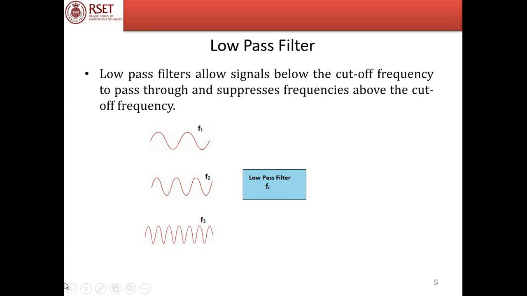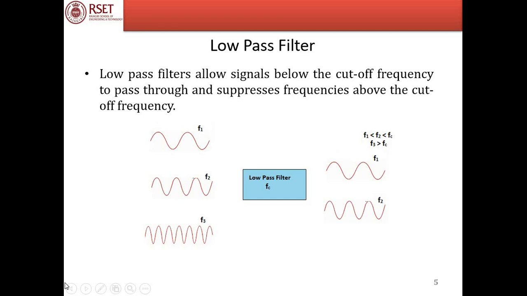Let the relationship between these three frequencies be F1 less than F2 less than the cutoff frequency Fc and F3 greater than the cutoff frequency Fc. Now from the definition of low pass filter, we know that a low pass filter allows signals with frequencies lesser than Fc to pass through, which means in this case, in the given example, only the signals with frequencies F1 and F2 are allowed to pass through this low pass filter.